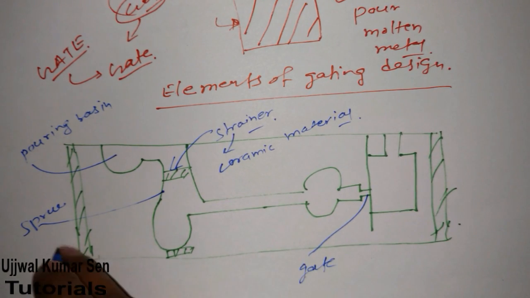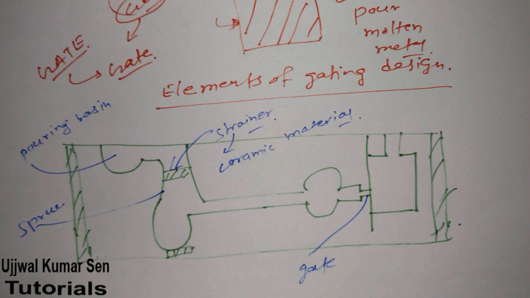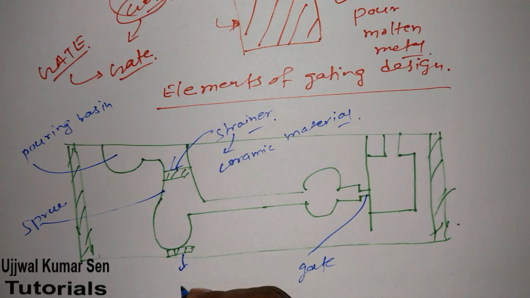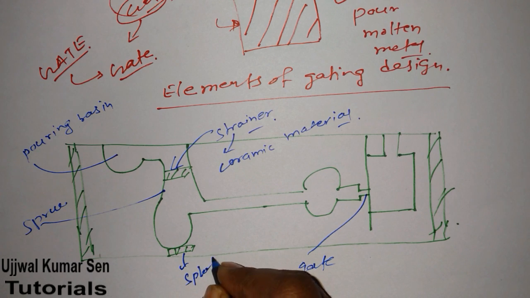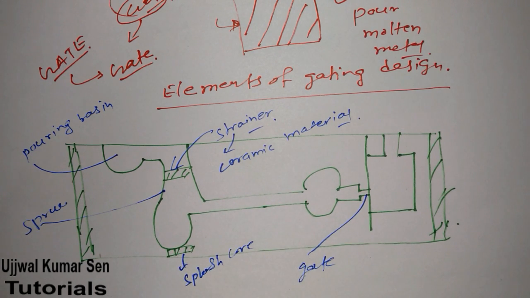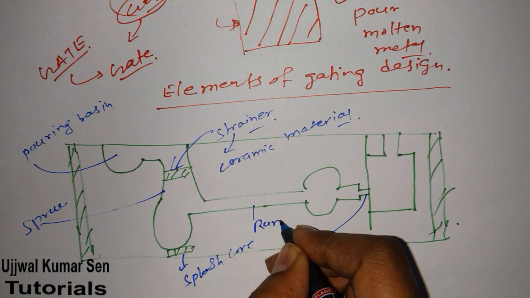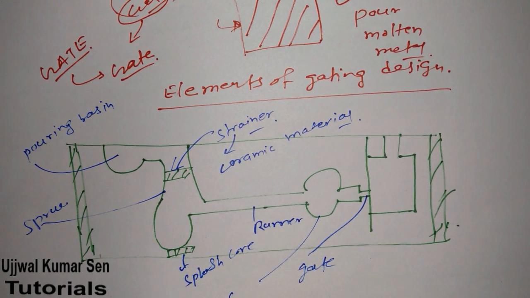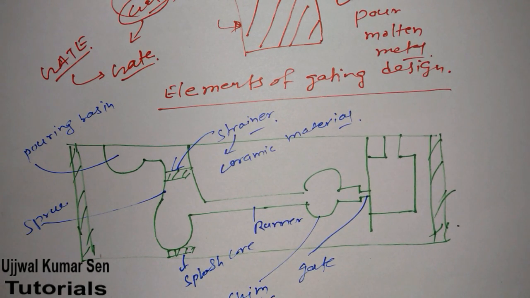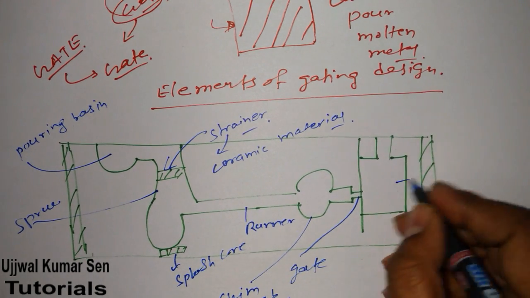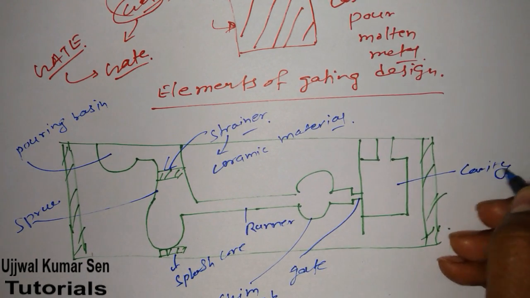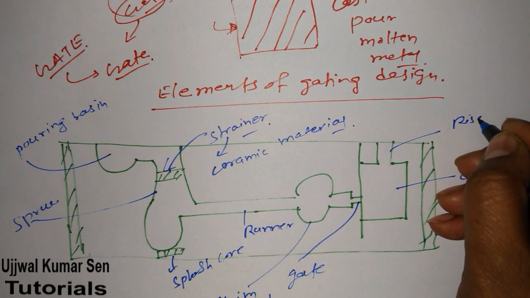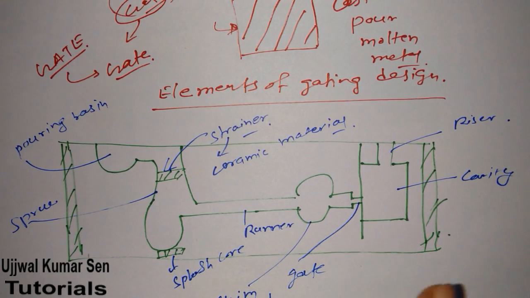About these two topics, I have seen that they have asked questions many times, right? And this is known as the splash core. This is known as the runner, this one is the skim bob, the last one is the cavity, and this one is a riser.